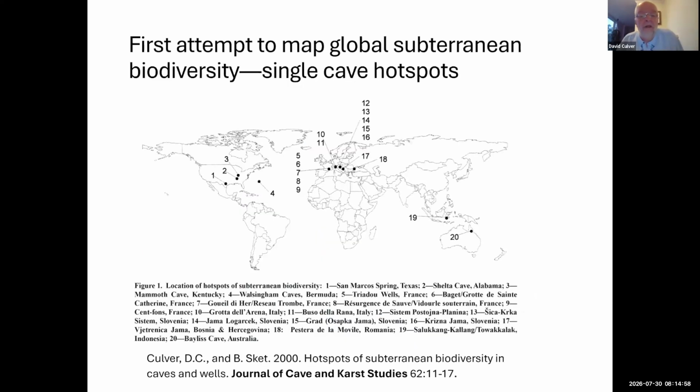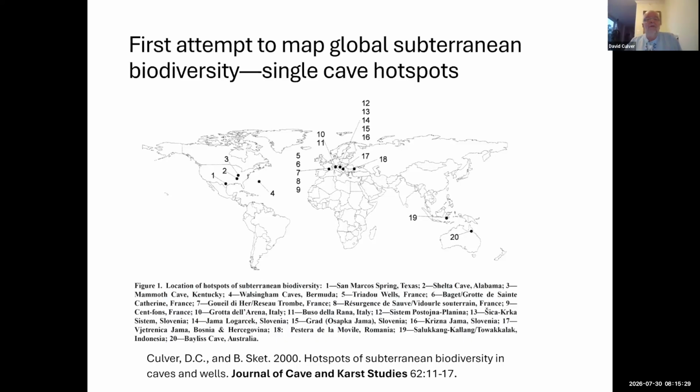Okay, Boris and I in 2000 said it would be interesting to write to all of our colleagues and glean the literature to see how many caves there are, and wells, other karst sites, that have 20 or more obligate species. Obligate species usually, but not always, have no pigment or eyes. And so we were able to accumulate this list.